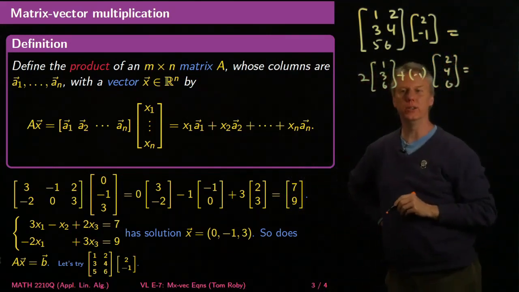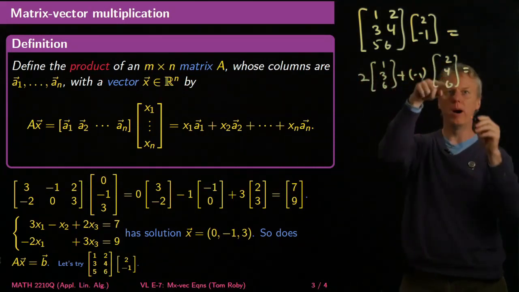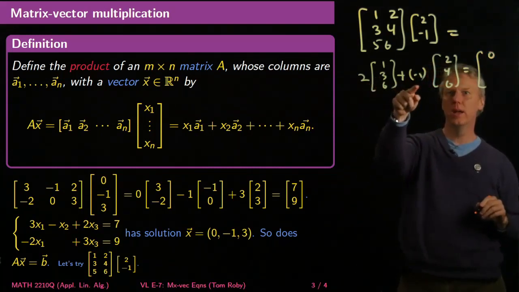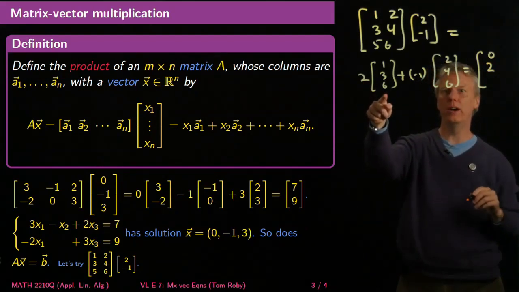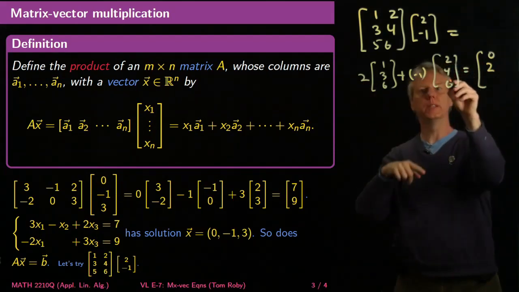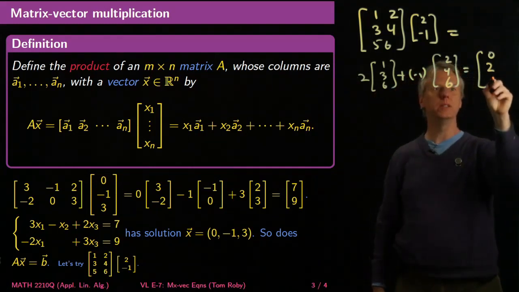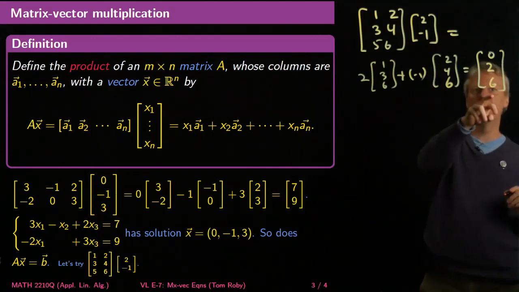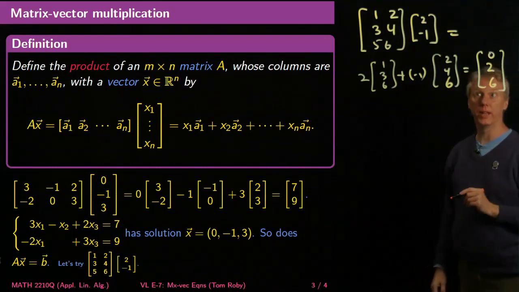Going across, I get 2 times 1 minus 2, which is 0. I get 2 times 3 is 6, minus 1 times 4, which is 2. And I get 2 times 6 is 12, minus 1 times 6, which is 6. So if I did this right, the product of this matrix and this vector is this vector of length 3.